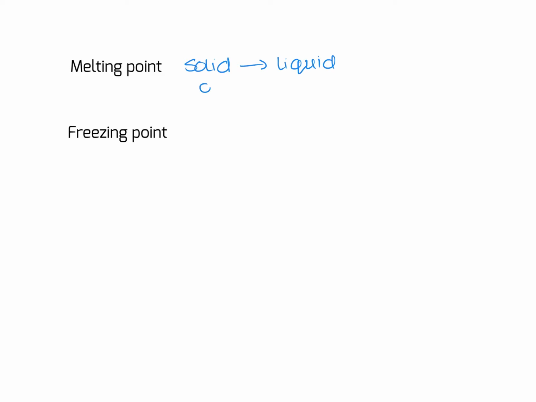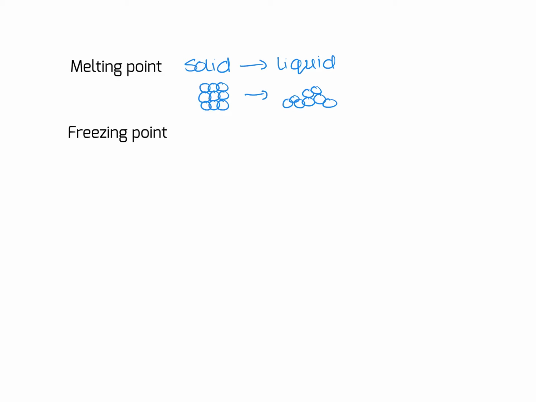So you're going from a situation where you've got all of the particles touching in a regular arrangement, providing more energy for those particles, the forces of attraction between those particles can be overcome, and you turn that into a liquid where there's no regular arrangement of particles. They're touching but they're able to move over each other.